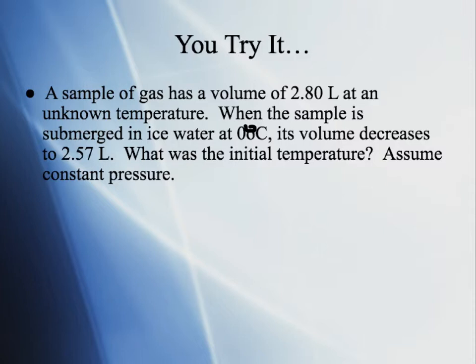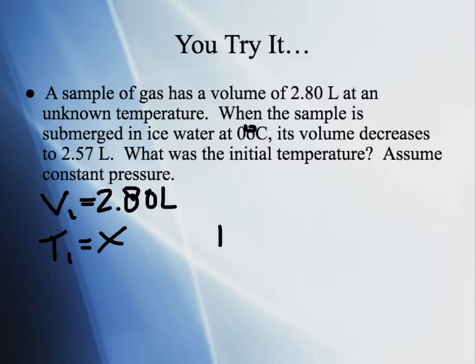So, first thing we need to do is figure out what these numbers are. So a sample of gas has a volume of 2.80 liters. So that must be our initial. And an unknown temperature. So our T1 is going to be our X because we don't know it. When the sample is immersed into ice water, that's going to represent our T2, that's ice water at 0 degrees Celsius. Now remember, we always have to have which unit?